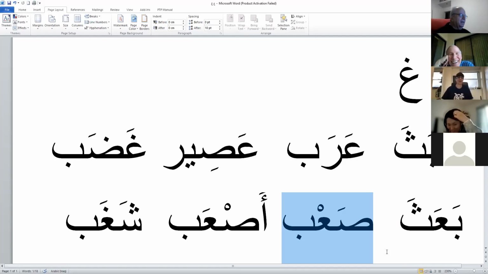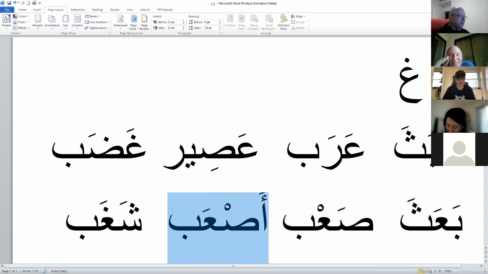Now this word means more difficult. Let me see if you can read this. As'ab. Very good. Remember the way we had kabir, which means big. Bigger is akbar. Tawil is long; longer is atwal.